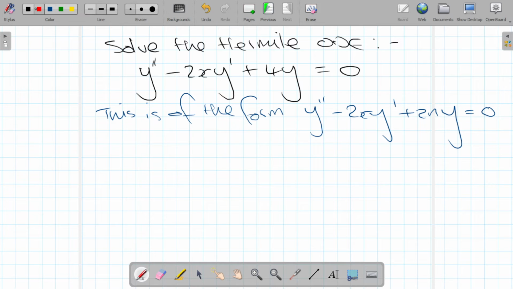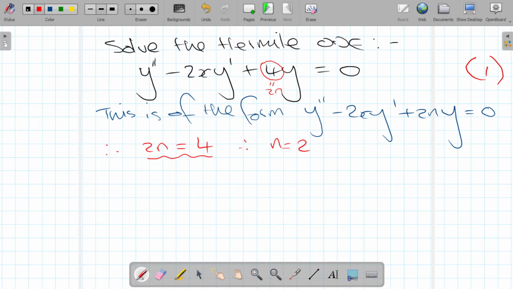So we can see that the 2n is equal to 4, which is this term here. Solving this simple equation, we find that n equals 2, because if n is 2, 2n becomes 4. So we're going to solve what we will call equation 1 for n equals 2.